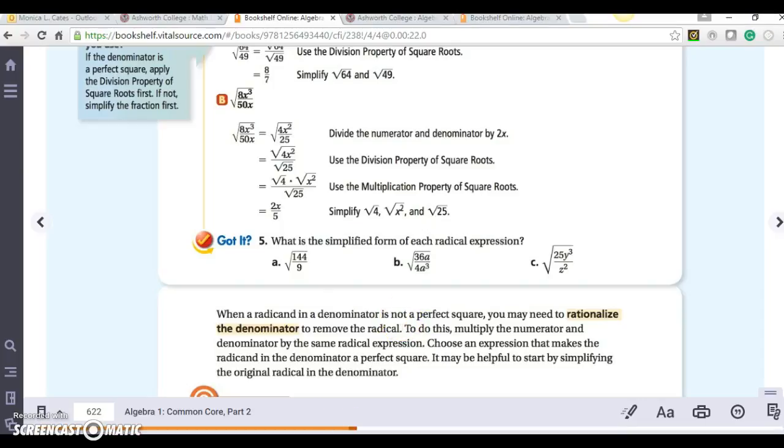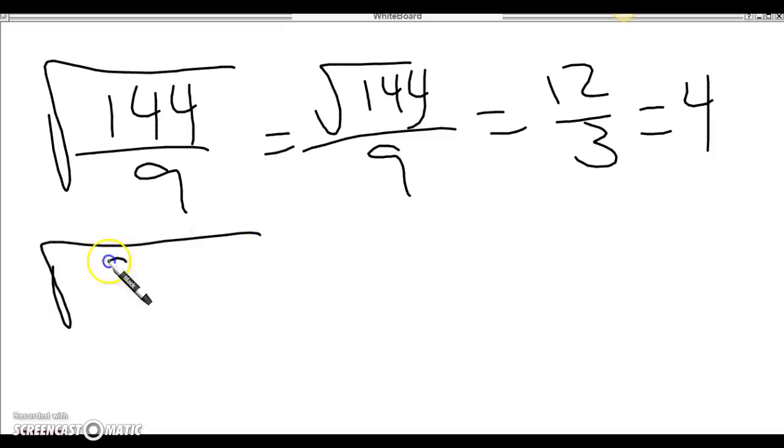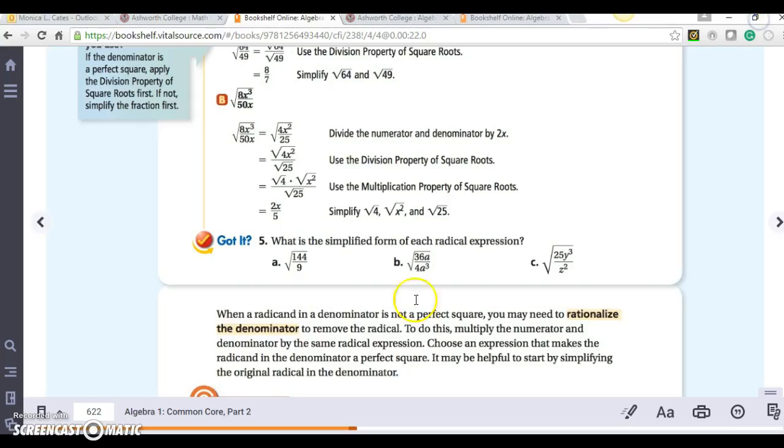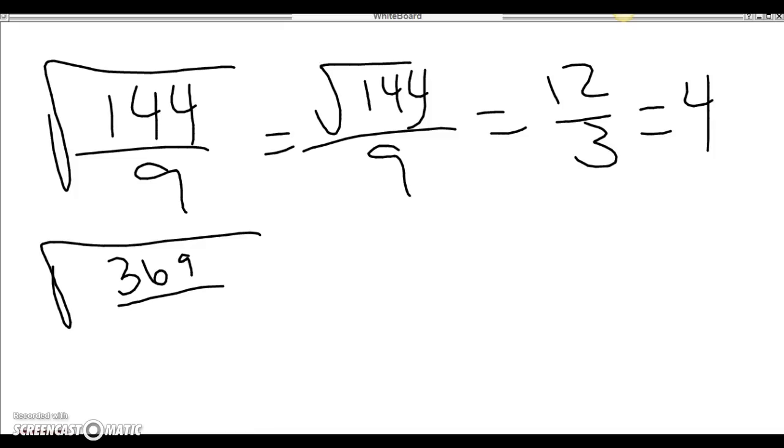All right, the next one is the square root of 36a over 4a to the third. There are lots of ways I can do this one problem. Let's look at my a's. Let's just deal with that.